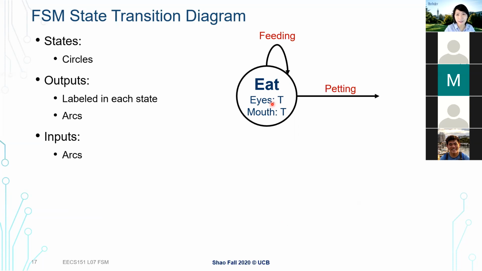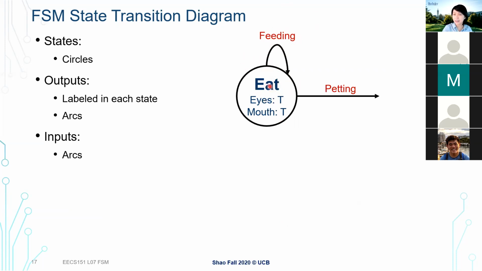So in this case, let's say while the cat is eating, we get another input, the feeding input. The cat will still be in the eating mode, right? So this edge, this arc, basically goes back to the node. It doesn't change the state.